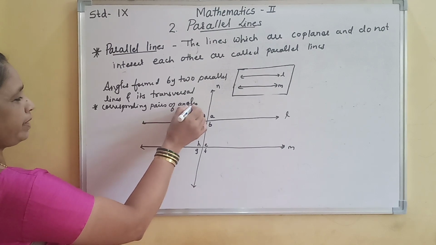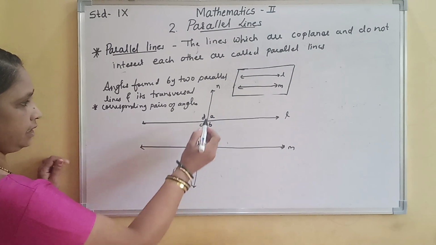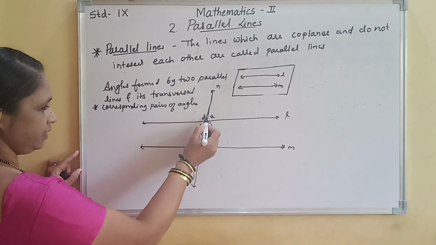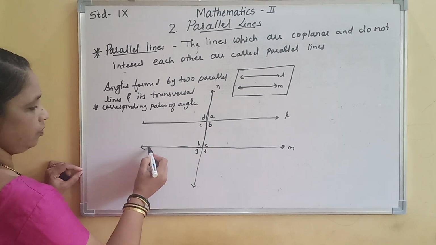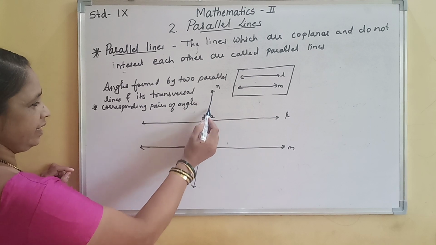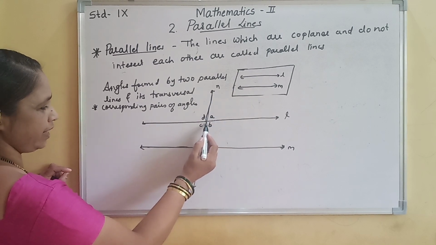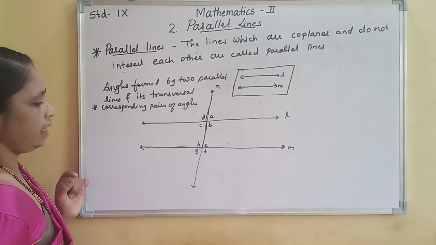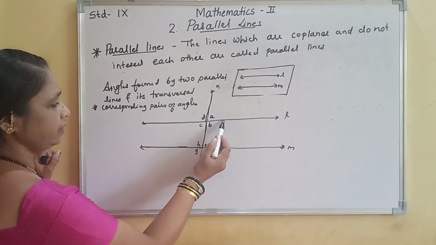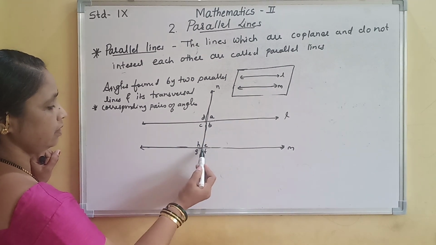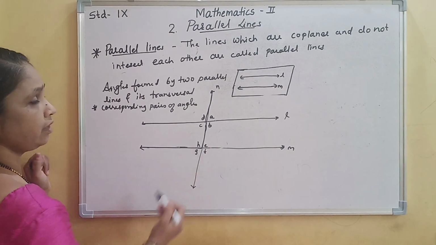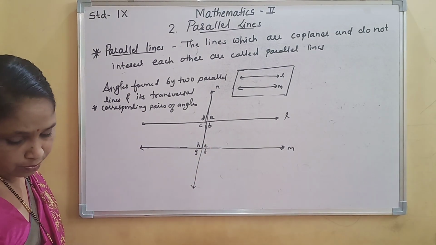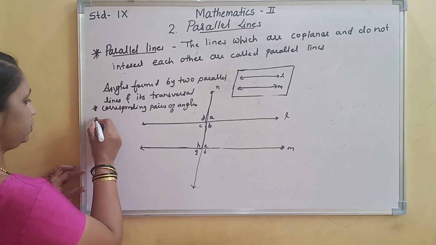Angle D corresponds to angle H, angle A corresponds to angle E, angle B corresponds to angle F, and angle C corresponds to angle G.